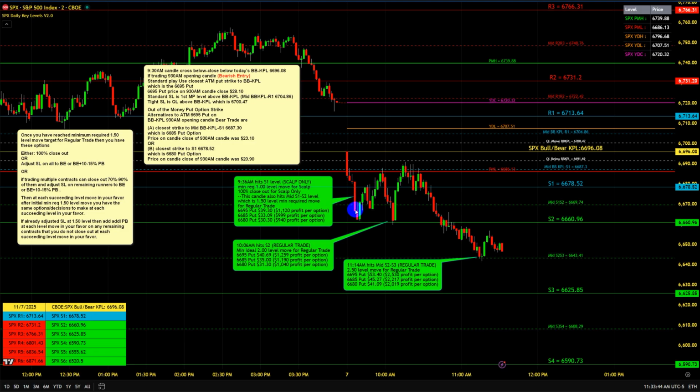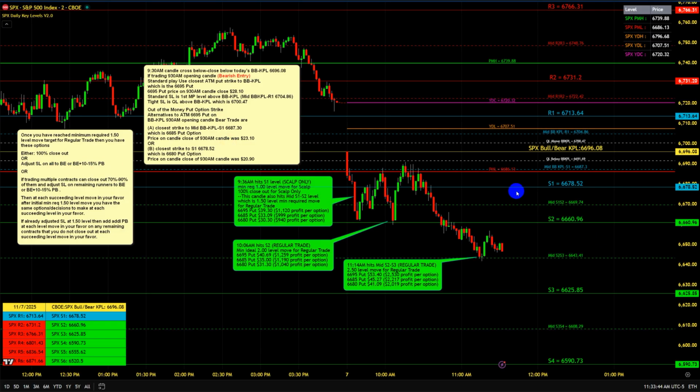However, since it also hit the regular trade level, when you have your minimum required target hit on a regular trade, you have these options. Either 100% close out all of your contracts, regardless of how many that is, or adjust your stop loss on all contracts, however many that is, to break even.